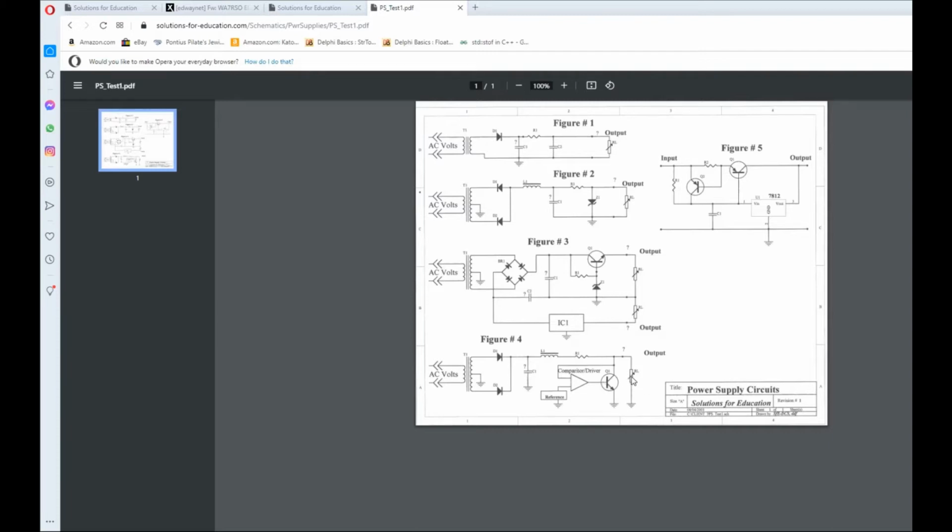So if the load draws more, this guy draws less. If this guy draws less current, this guy has to draw more, so that the current flowing through this circuit here is relatively constant. The advantage of shunt regulation is a constant load on this source over here.